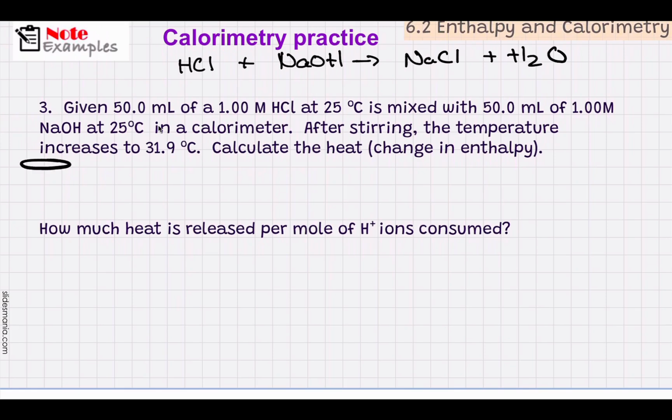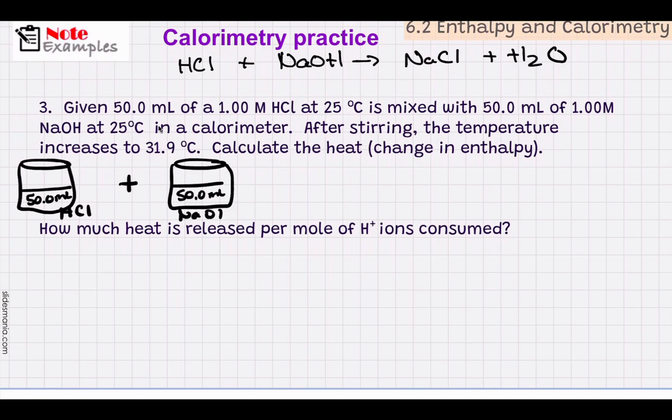So you really have 50 mils of HCl, and then you're going to add that to 50 mils of sodium hydroxide. So you're going to get 100 mils total of the solution.